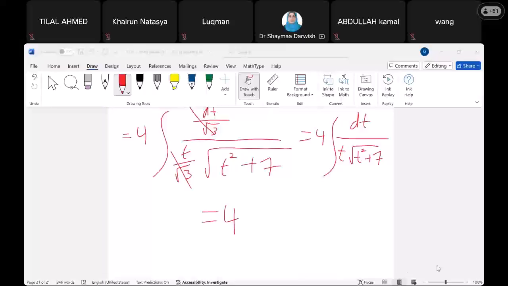Inverse secant. So minus, here a square is 7, then a is the square root of 7.